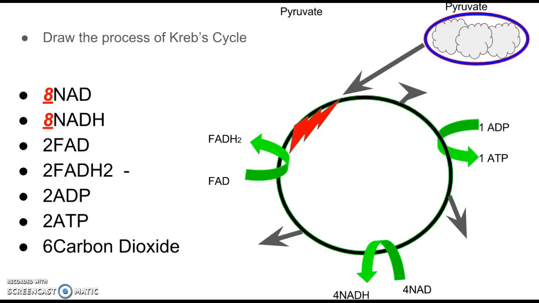This process can be found on the internet somewhere, and you can post a picture in your notes. So today's first objective was to identify the Krebs cycle. You should be able to identify it, and if you have any questions, make sure you star where you have questions.